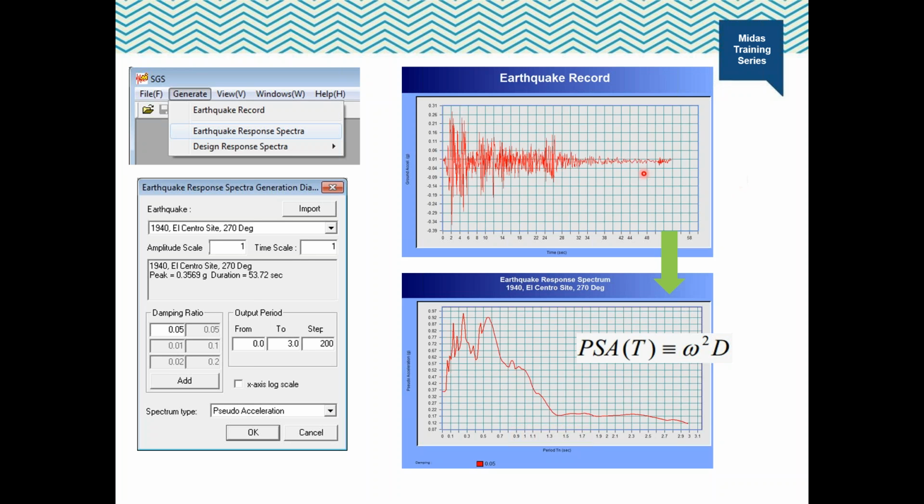Or we can obtain the response spectrum simply from the ground motion using the seismic data generator in Midas. This is called pseudo acceleration response spectrum.